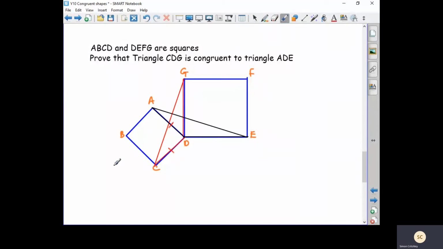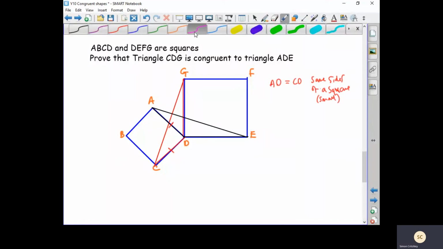So that's maybe our starting point, that A to D on the black triangle is equal to C to D on the red triangle, and that's because they're the same sides of the small square.